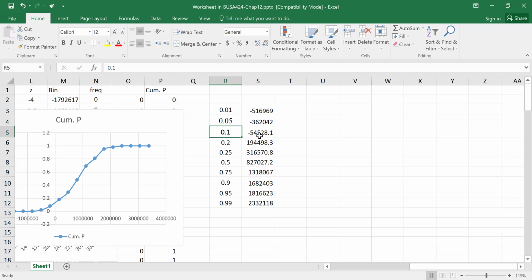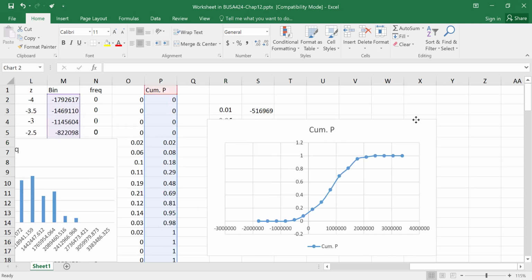For 1% of the simulation we are losing $54,528 and so on. And you can see 20% of the simulation that we have, they are less than this value, 19,000 and so on. So this shows how many of the simulation are less than this value.